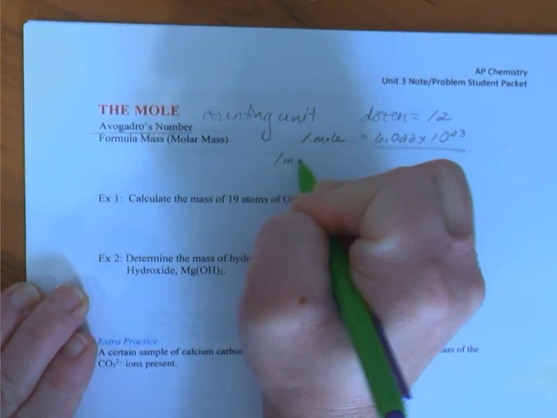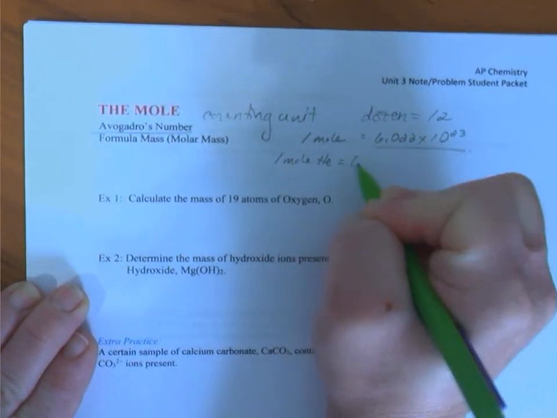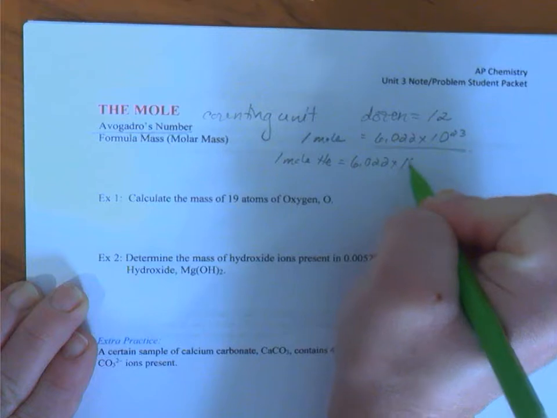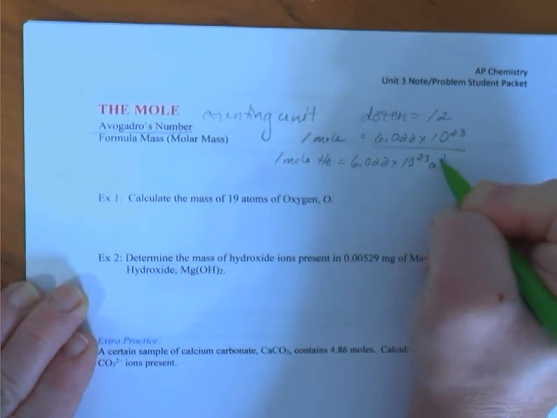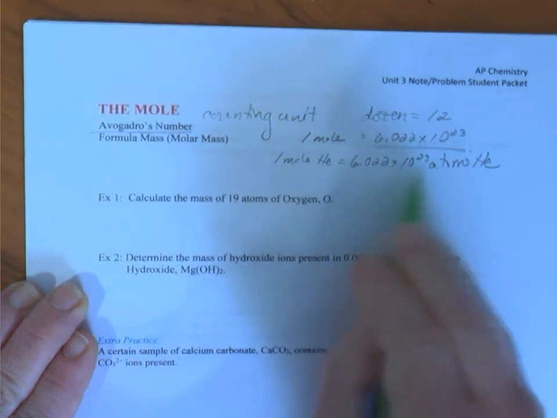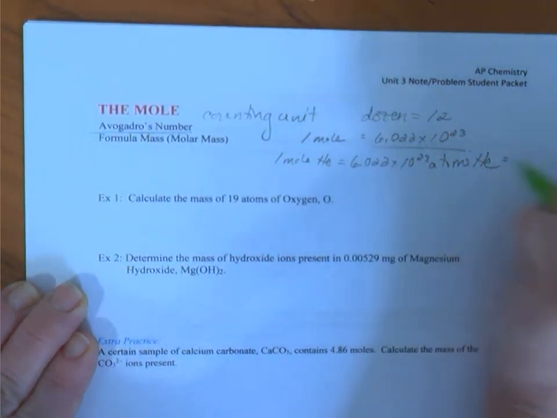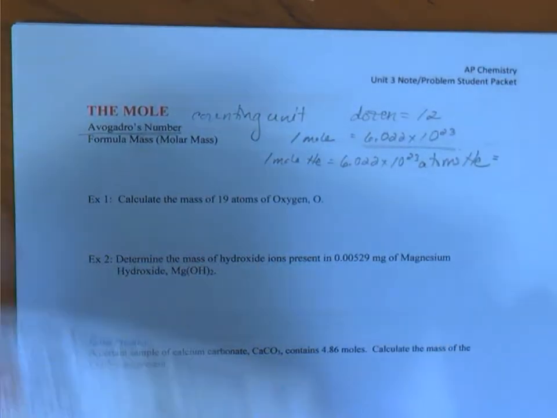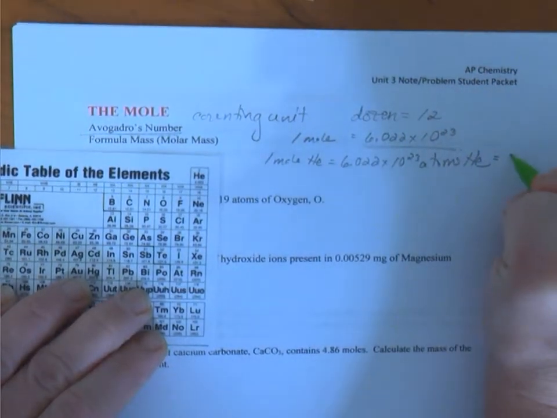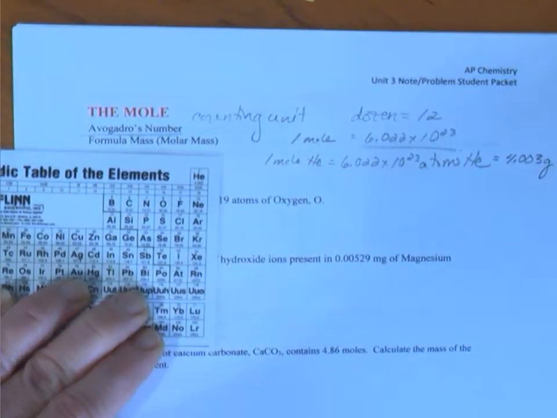If we have 1 mole of an element, for example helium, then we have Avogadro's number of those atoms. So 1 mole of an element is Avogadro's number of atoms of that element, and that is equivalent to the average atomic mass. Because I'm talking about moles, I would put grams on that.